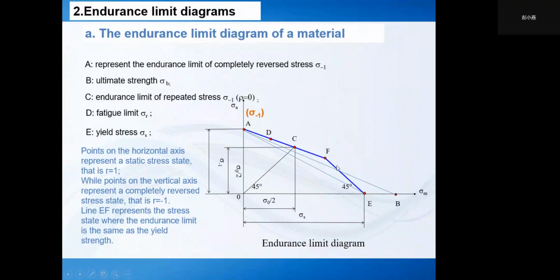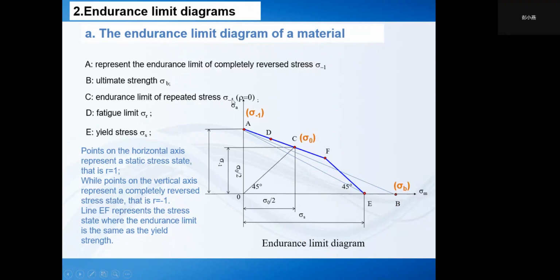For the sigma M, sigma A curve, the stress ratio is different, but they have the same life, the same cyclic number. Point B is the ultimate stress sigma B, and C is the endurance limit of repeated stress.